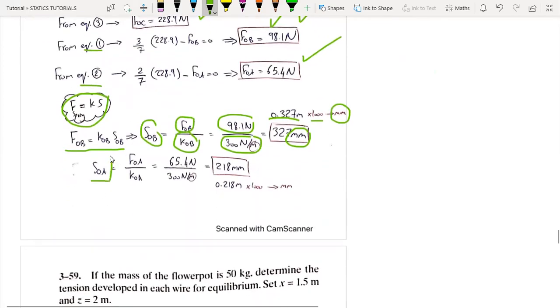Also the stretch in the cable OA is similarly the force over the spring constant, 300, and we have already found the force FOA to be 65.4 newtons. Again I multiply by 1000, and I get the stretch to be 218 millimeters.